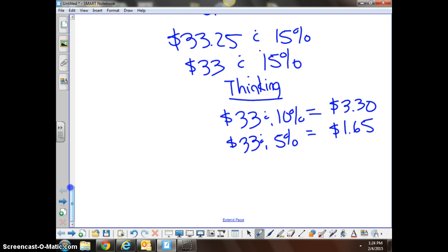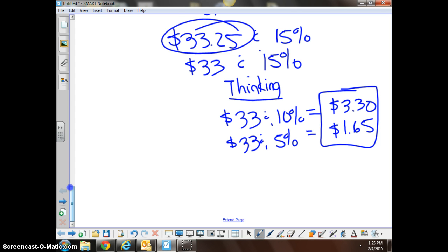So I'm thinking, okay, $1.65 and $3.30. That brings me to about $4. Yeah. See how I did that? It actually isn't totally $4. It's I think $4.95. So actually 5. I mean to say, sorry. So I'm at $5, right? So if I add $5 to my $33.25, how much am I paying? $38.25 or about $38.